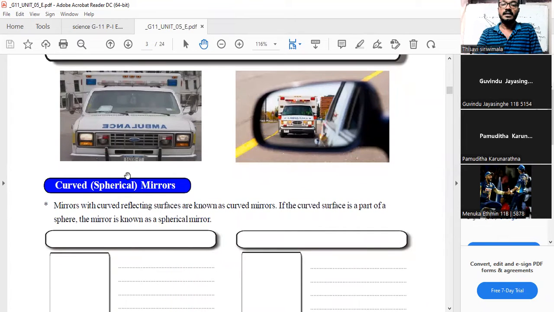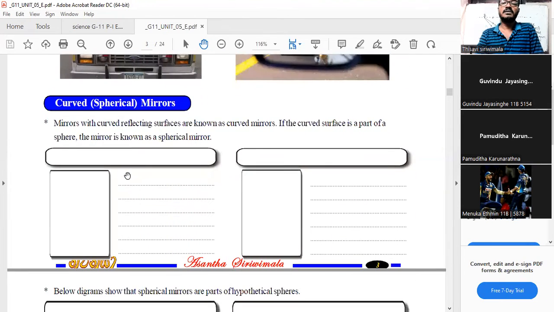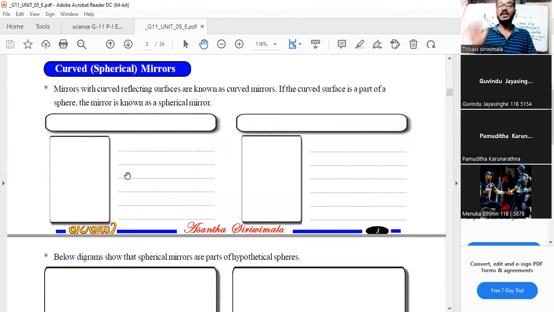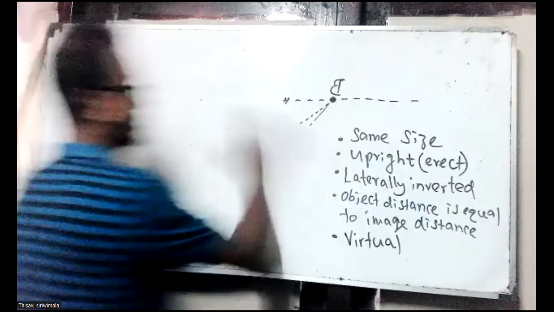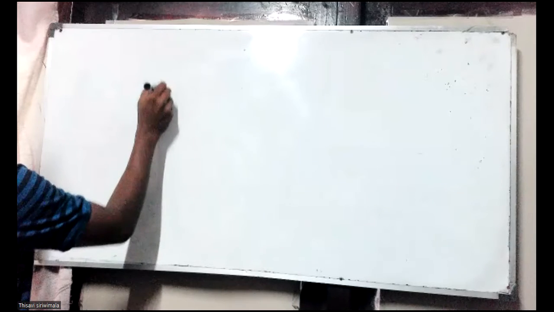Okay. Then we are talking about curved or spherical mirrors. When it comes to curved mirrors, there are two basic types.